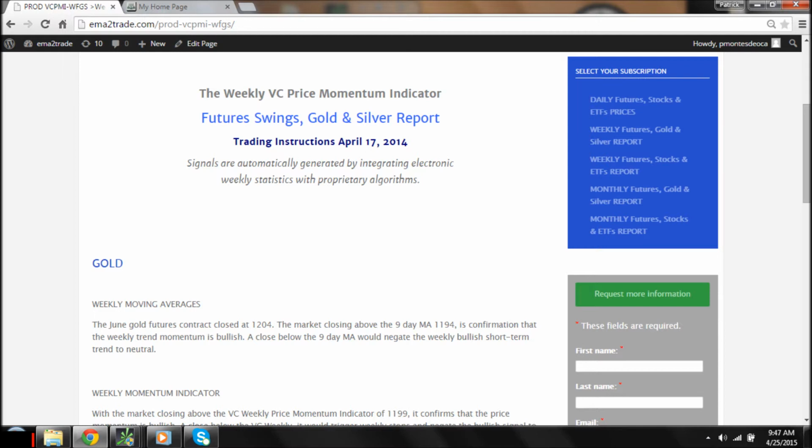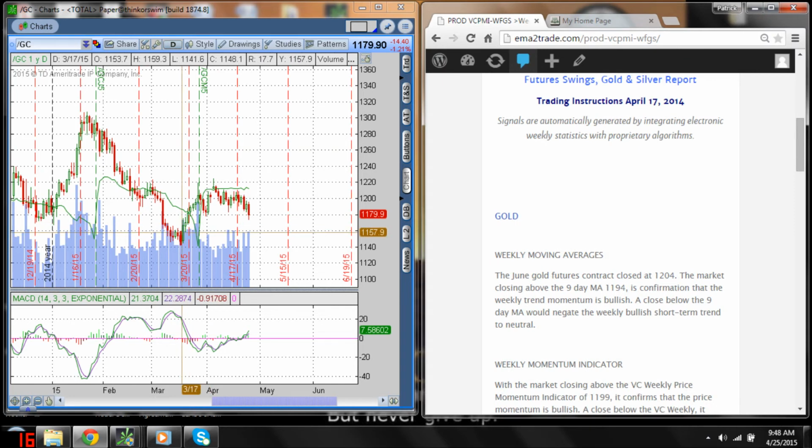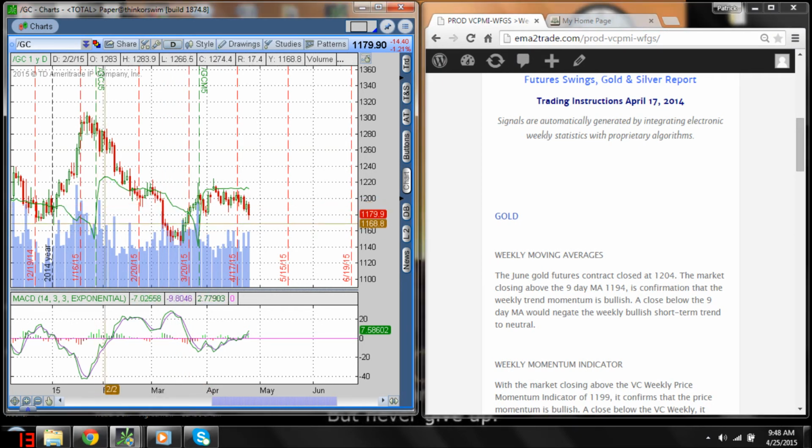So let's take a look. This report was published April 17th, and for gold, it was telling us that the June gold futures contract closed at 1204. So let's change this to the daily chart in gold, and we can see the daily action that we experienced since we published this report last Saturday.